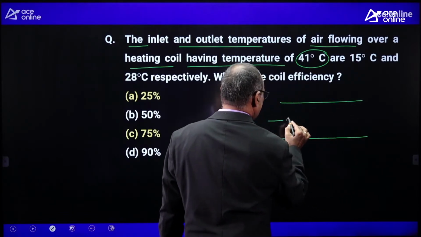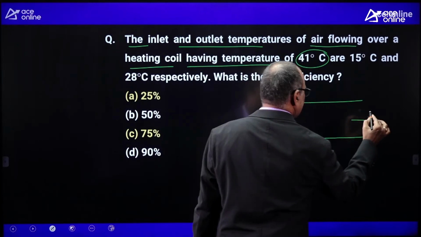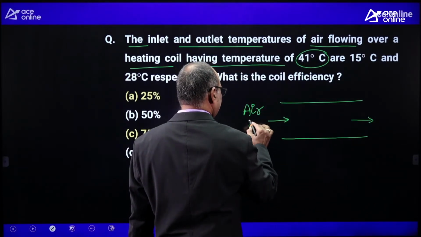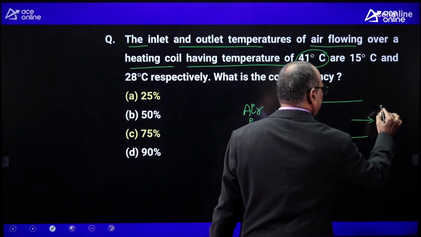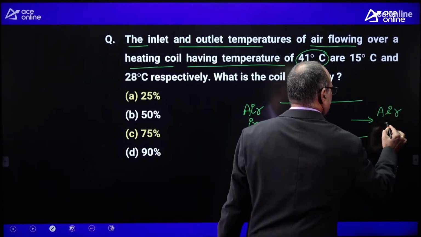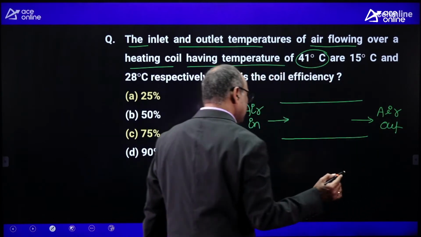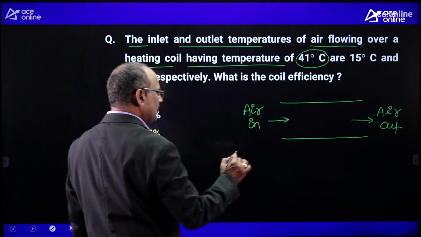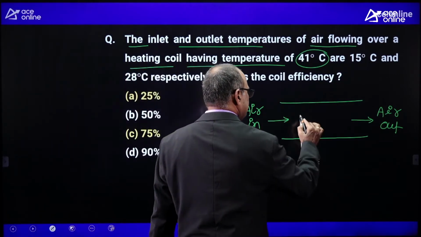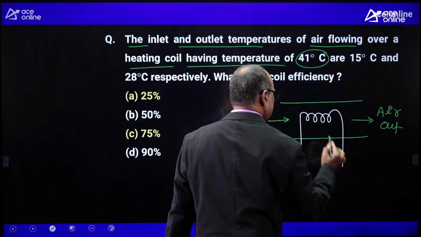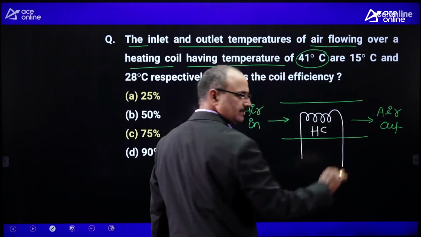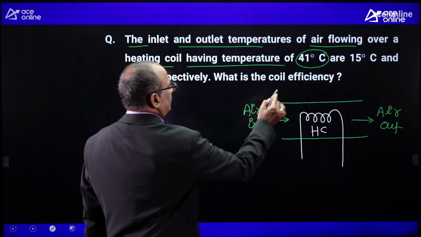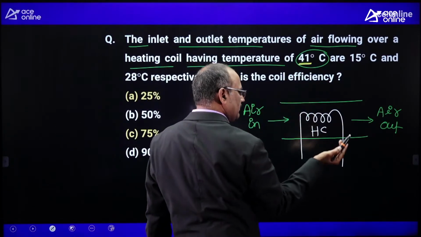Assume the air is flowing through a pipe, air in and air out. Let me connect the heating coil. This is the heating coil. What is the temperature of the heating coil given? Temperature of the heating coil is 41 degrees centigrade.